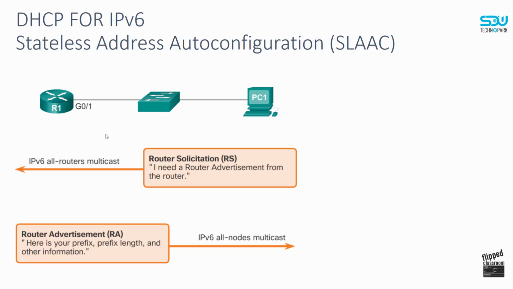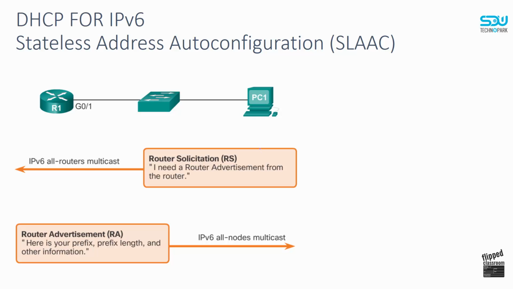It's time to speak about DHCP for IP version 6, and here we have new terminology like SLAAC, which stands for Stateless Address Autoconfiguration. Stateless means that there is no stateful control on what IP address in version 6 of IP is used by your computer.